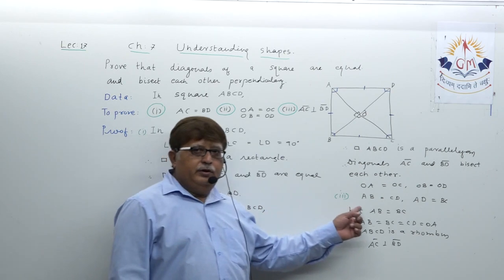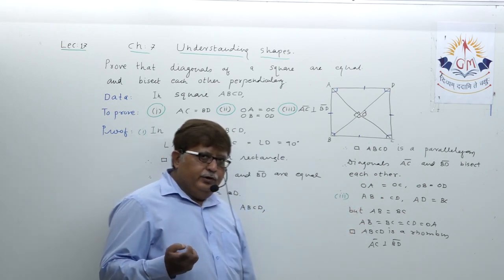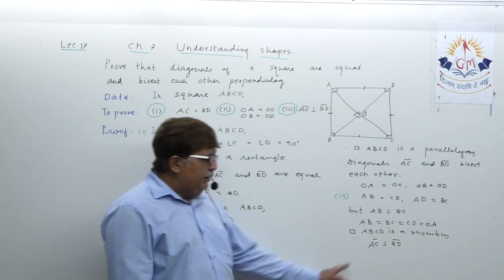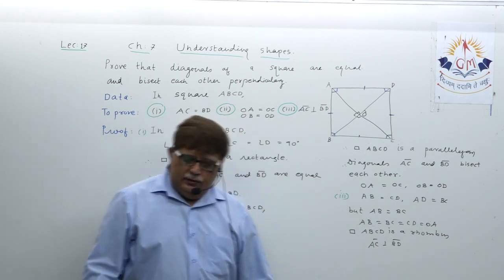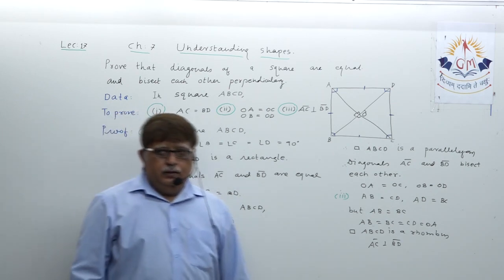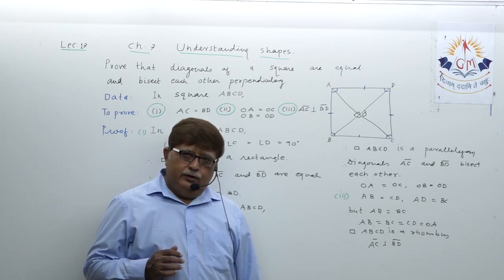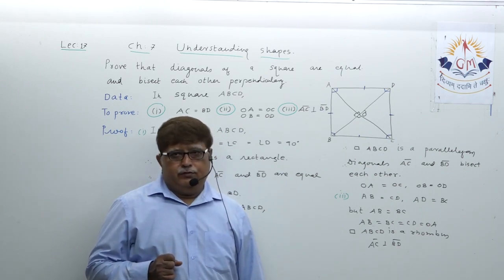Now the parallelogram became a rhombus. So the property of a rhombus indirectly applies here, that diagonals are perpendicular to each other. You understood this?